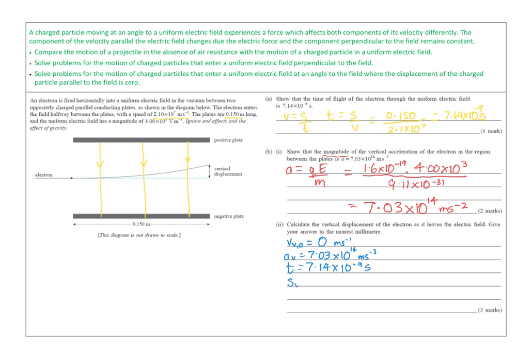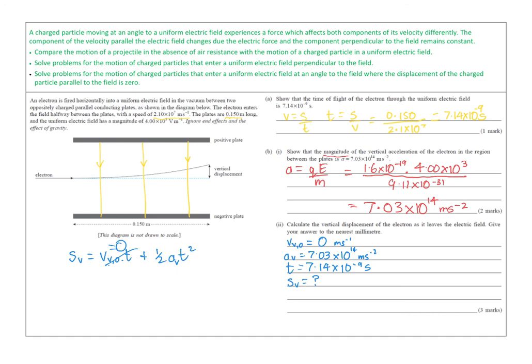And we're being asked to work out the vertical displacement. So I might use this space over here. The vertical displacement will be equal to the initial vertical velocity times time plus a half a t squared, where a is the acceleration in the vertical direction. So the initial vertical velocity is equal to 0, so that whole term equals 0.